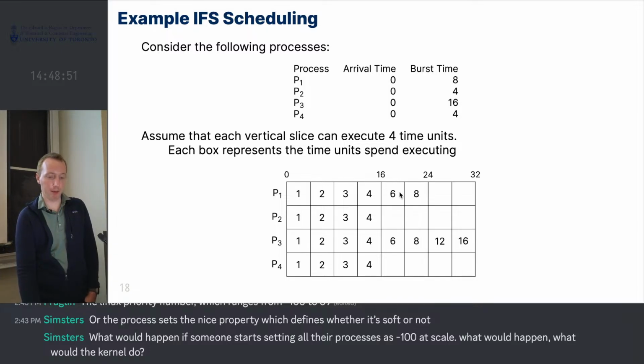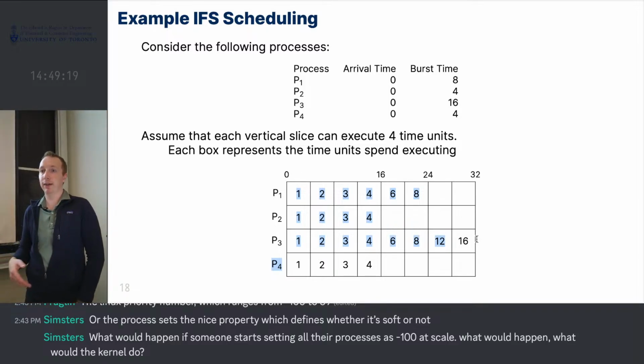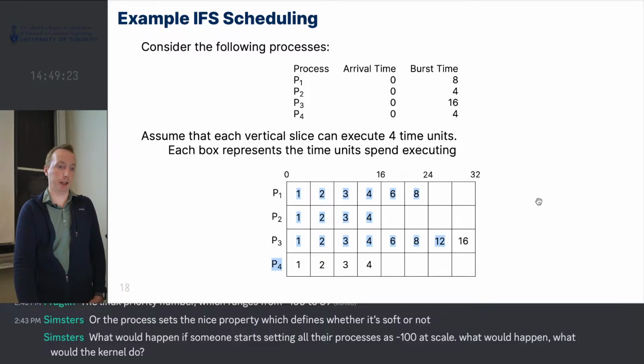P1 would execute for 2 time units, bringing its total to 6. P3 would execute for 2, bringing its total to 6. They're still alive, so I would give them 2 time units each again. And then P1's done. Now I have a single CPU core, and I can assign all 4 time units to P3 until it's done executing at time equals 32. Whenever I had 4 processes active, they each got 1/4 of the time on the CPU. That's the fairest thing you could do.